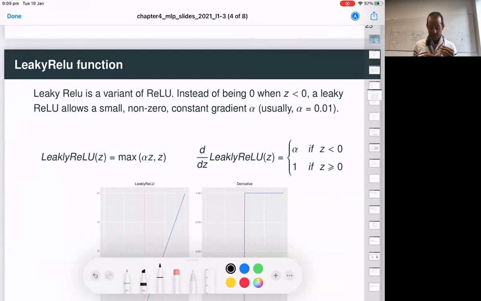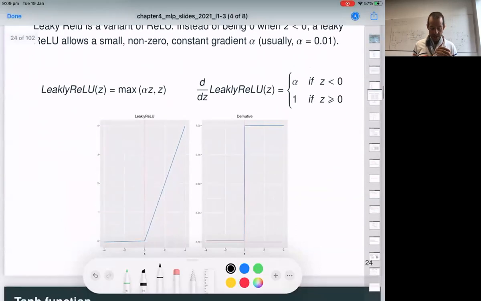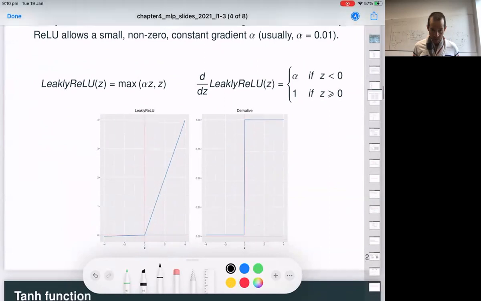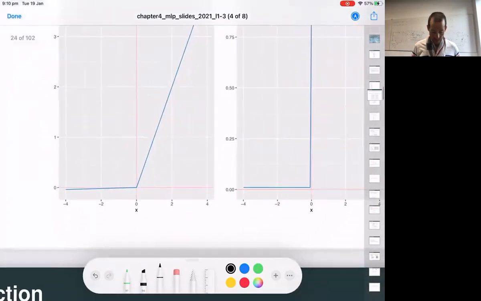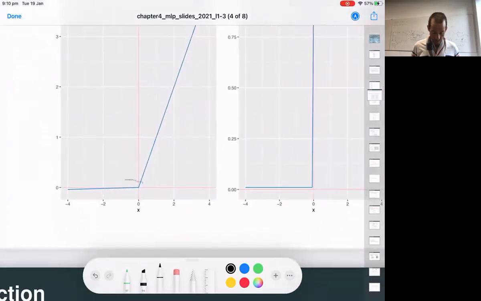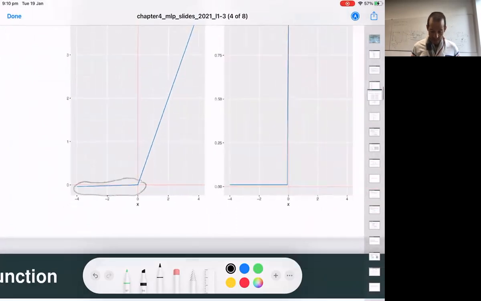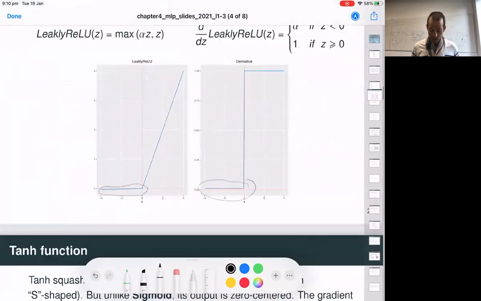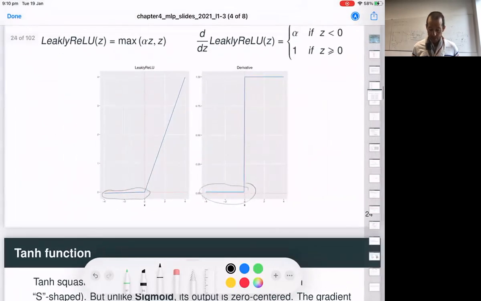Instead of having 0, it is defined as the max of alpha z and z, with alpha a tiny value. You can see that the shape of the Leaky ReLU, if I zoom in, is not 0 now for negative values. It is something close to 0, but it's not 0. So your derivative for negative values is not equal to 0, but will be equal to alpha.